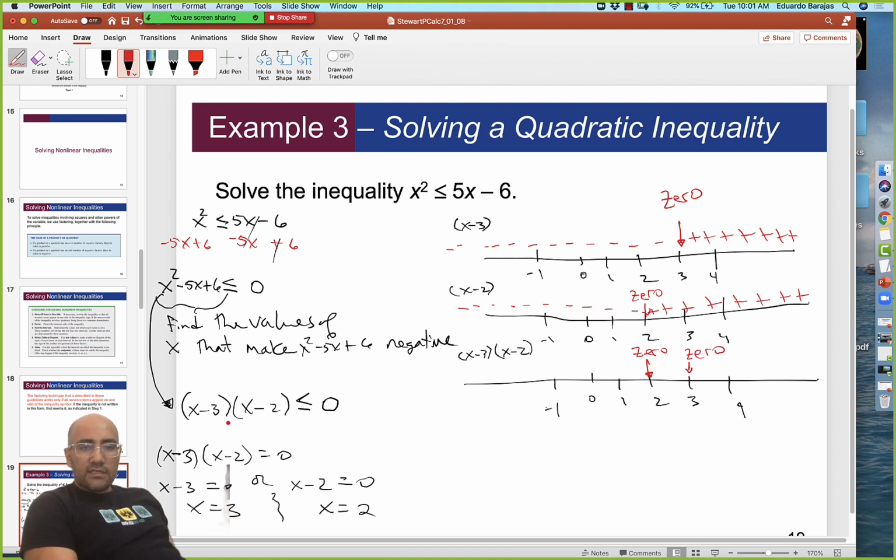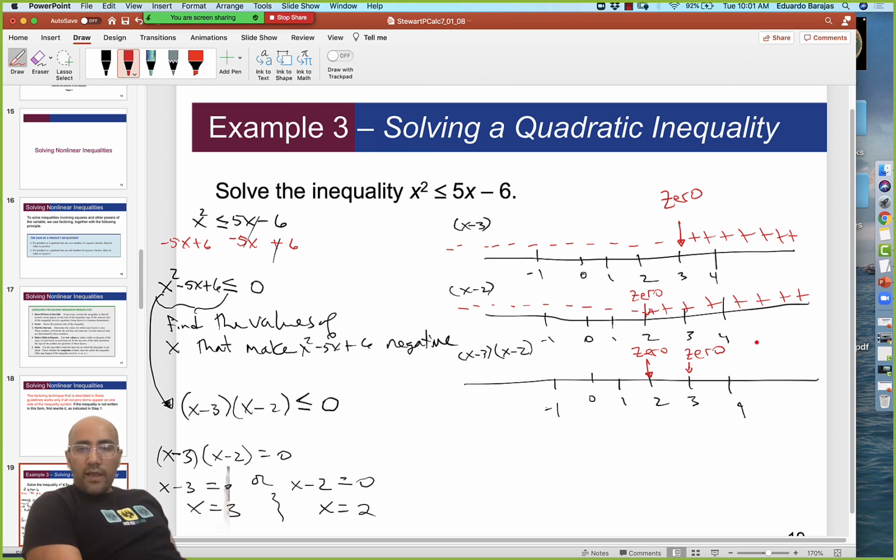Because if we let x equal to 3, then that's going to be 0. 0 times 1 is 0, so it's still 0. Okay, now what we have is our number line is broken up into 3 segments. There's the segment that goes from negative infinity out to positive 2, the segment that's trapped between 2 and 3, and the segment that goes out from 3 out to positive infinity.